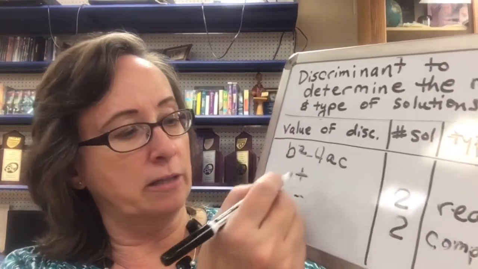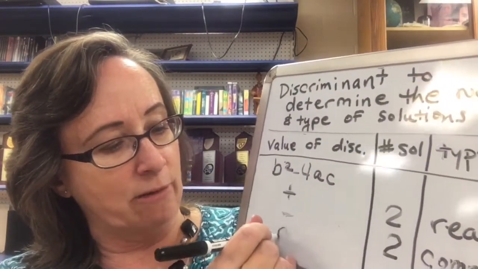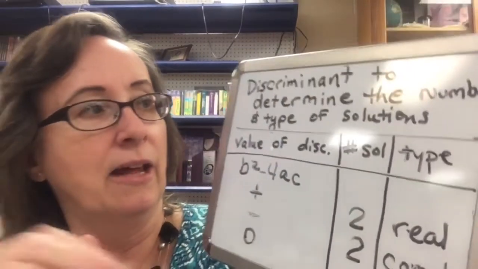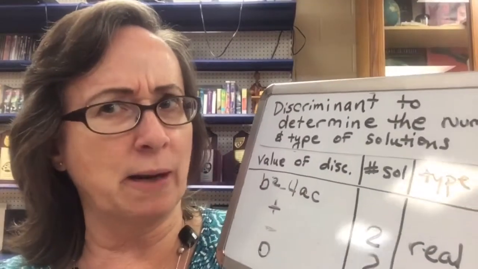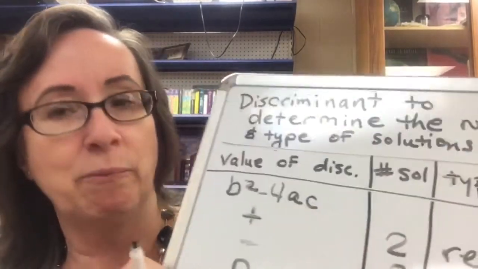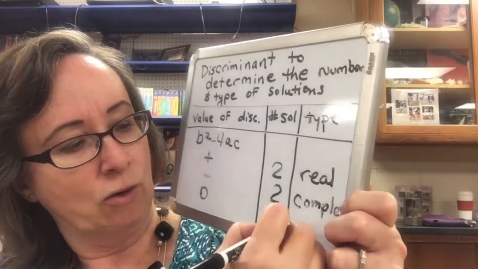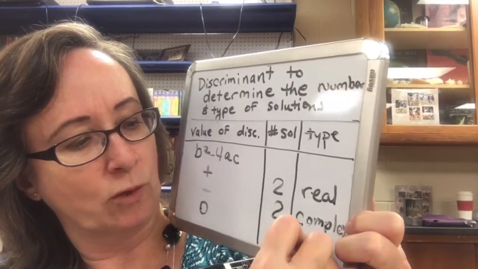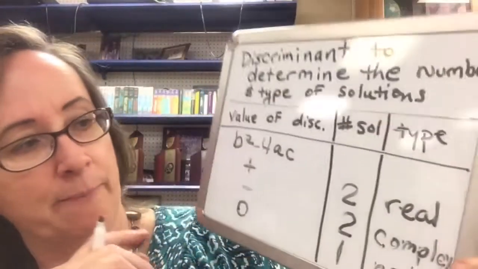If the part that is under the radical, the discriminant, is 0, then this whole thing would go to 0, and we would have plus or minus 0, because the square root of 0 is 0, and we would end up with just one rational solution. Now, of course, if it's rational, it's also real.